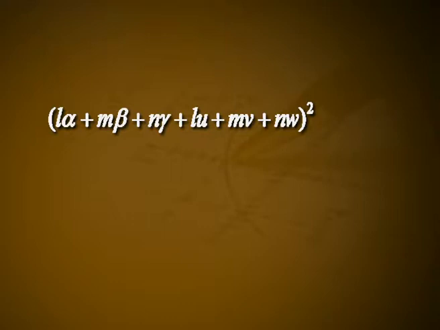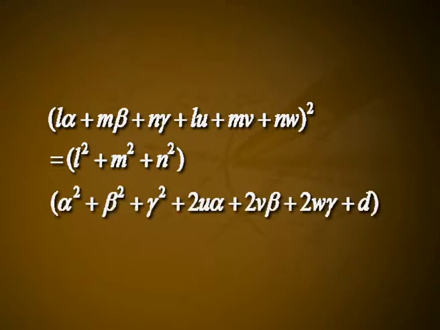The roots of the equation give (lα + mβ + nγ + lu + mv + nw)² = (l² + m² + n²)(α² + β² + γ² + 2uα + 2vβ + 2wγ + d). This is the required equation of the enveloping cylinder of the given sphere.